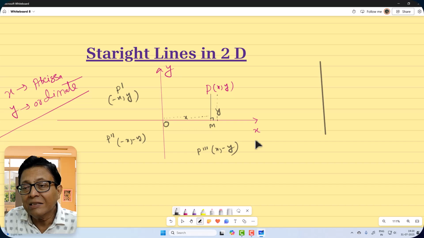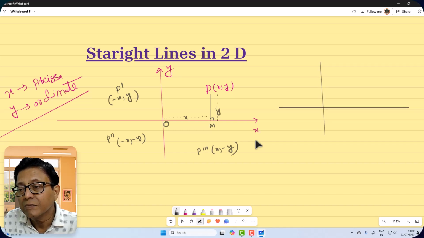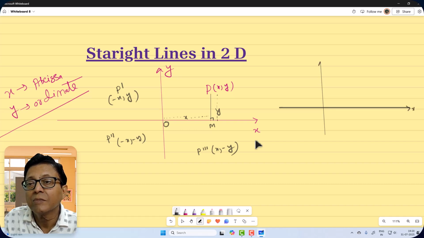In the class 10 syllabus, you have done the distance formula and the section formula. Only these two topics were there.